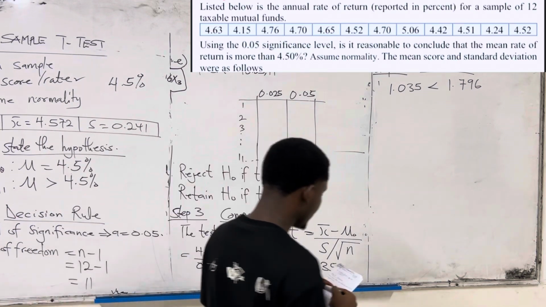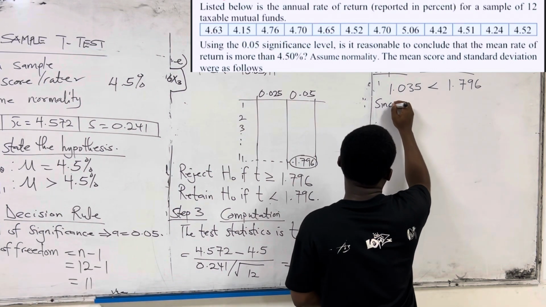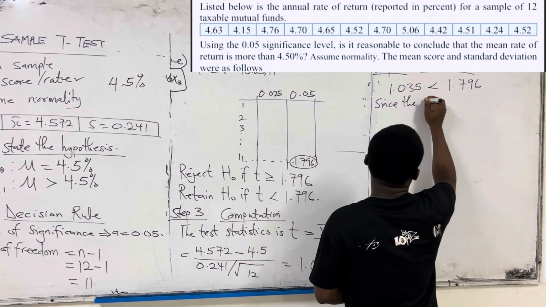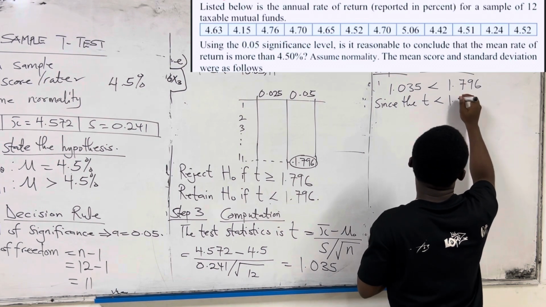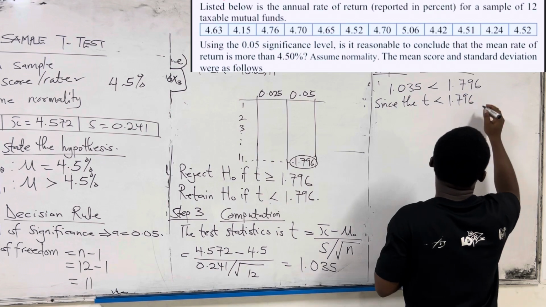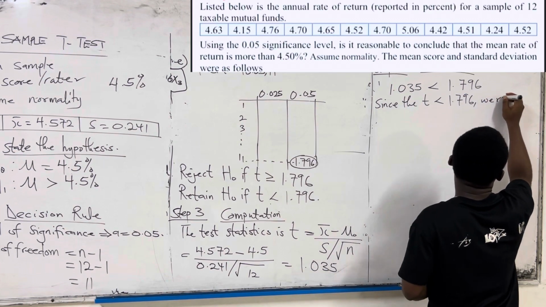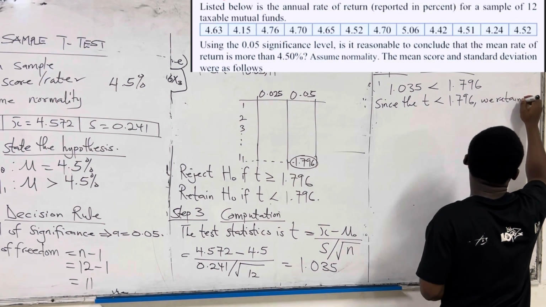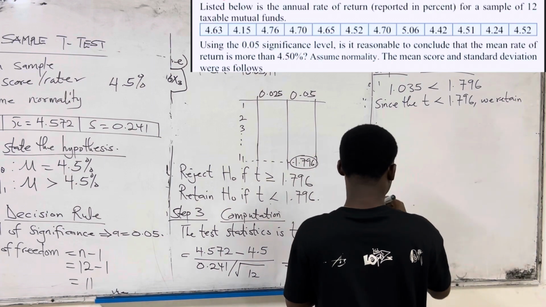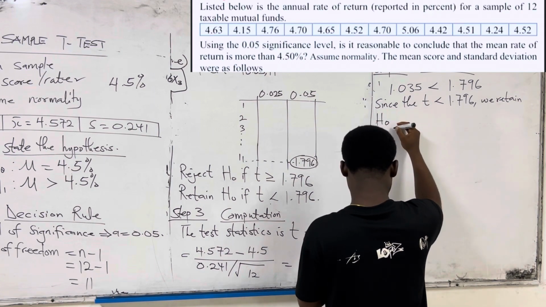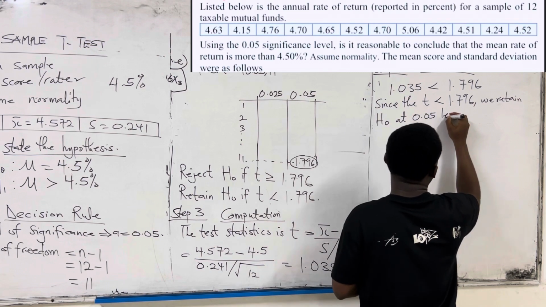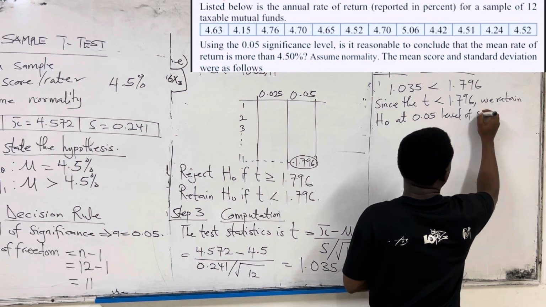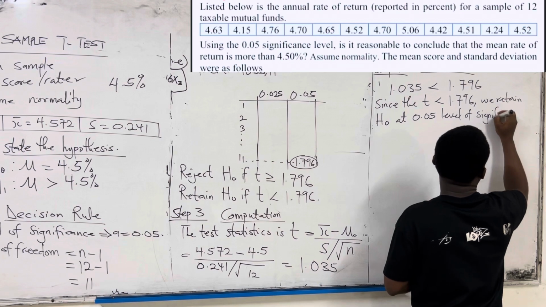So since the t is less than 1.796, we retain the hypothesis at 0.05 level of significance.